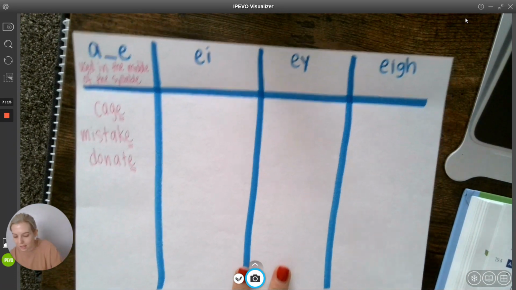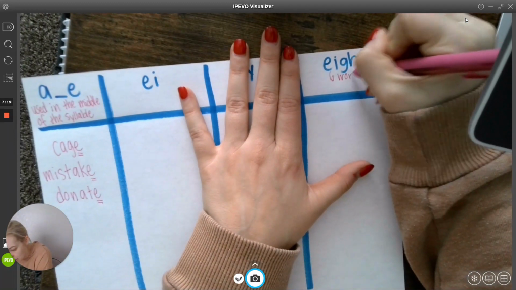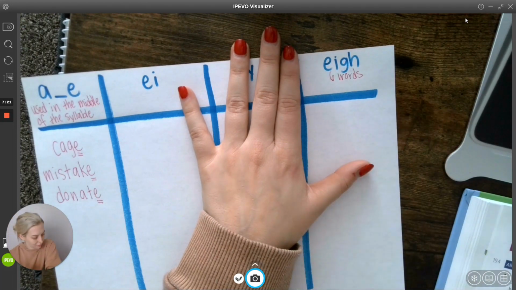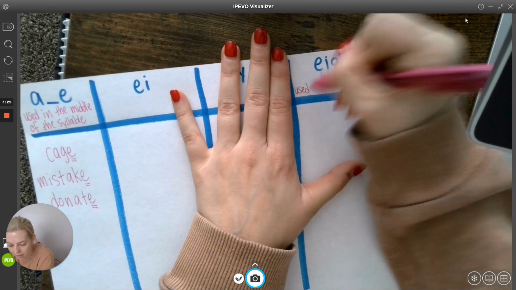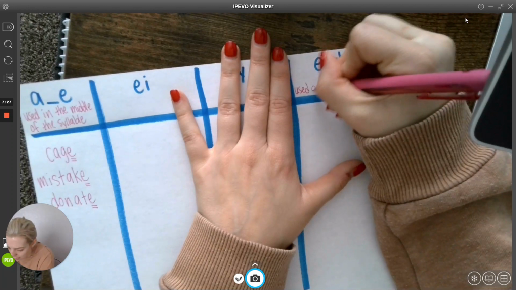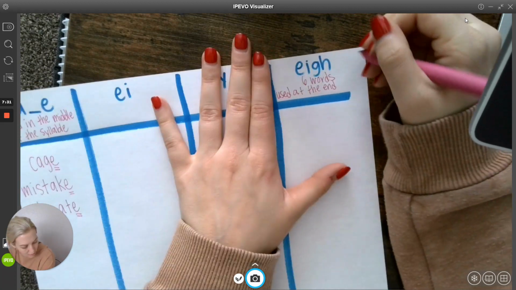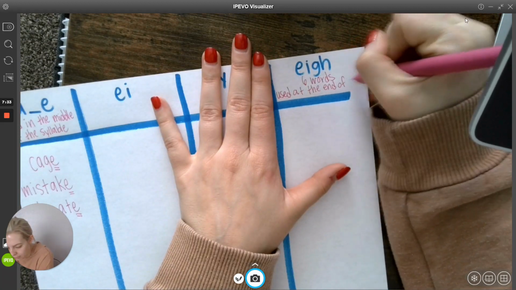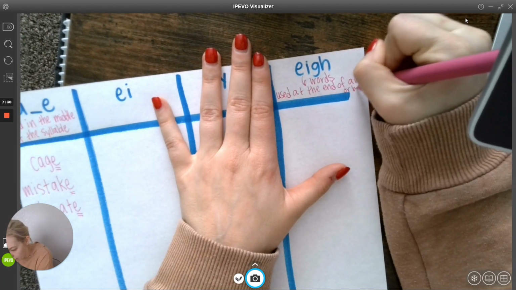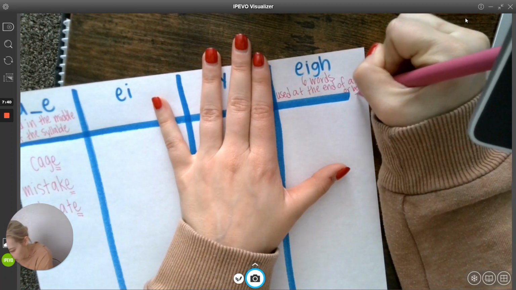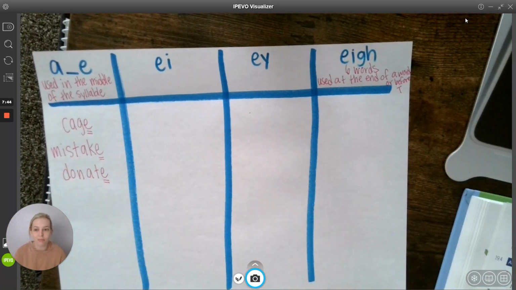So we actually have only 6 words that use this spelling. And then remember, these are used at the end of a word or before the letter T. I kind of had to squish it there. Oops.